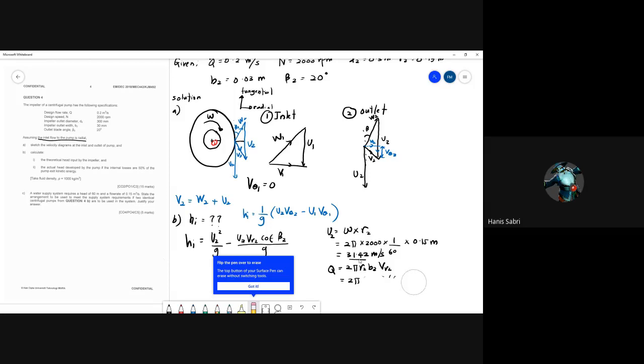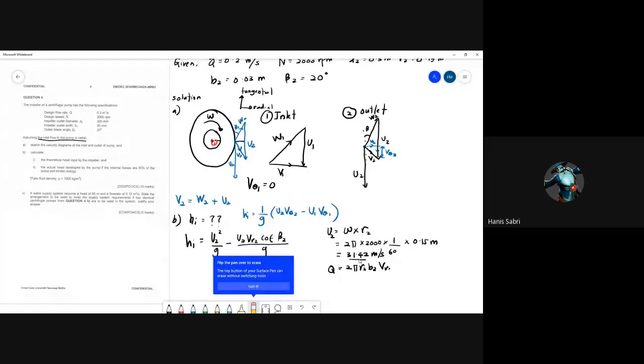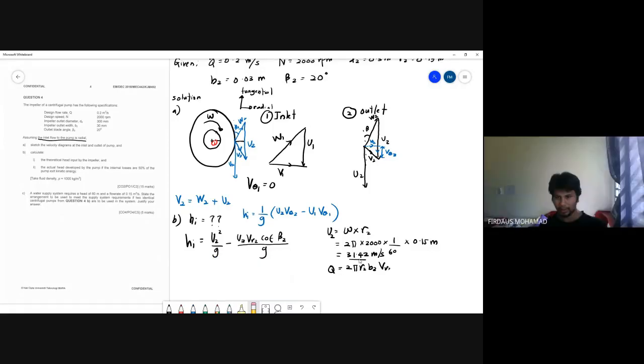Flow rate dia bagi. VR2 equal to Q over 2 pi R2 B2.